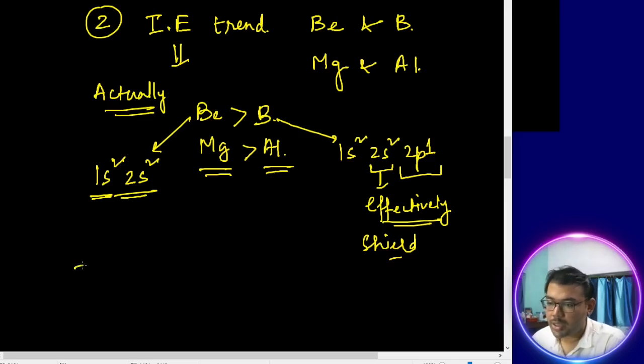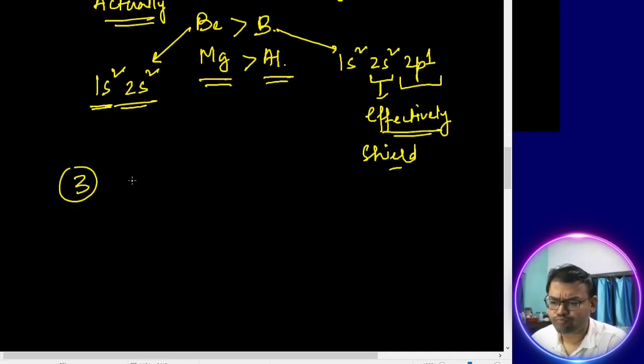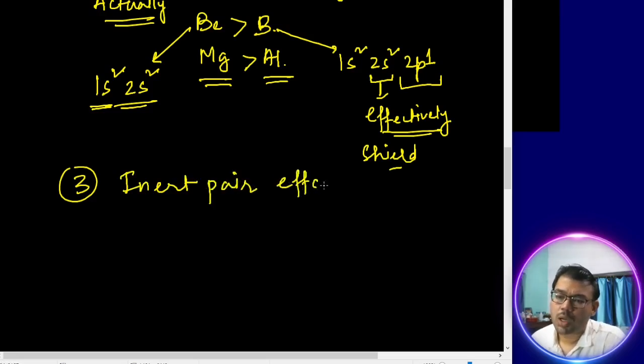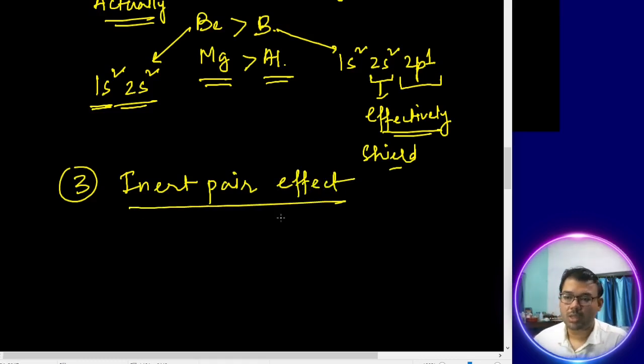Now the third point is that we can understand the inert pair effect, and I am going to make another video regarding the inert pair effect. We just need to learn about this term.